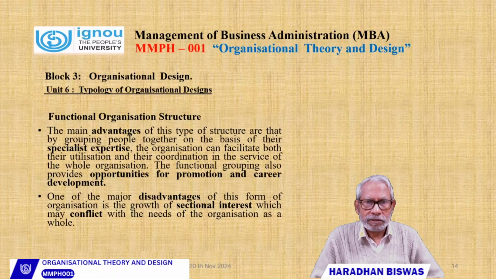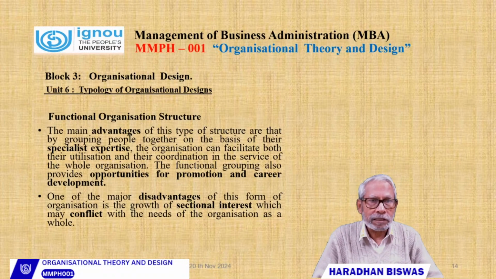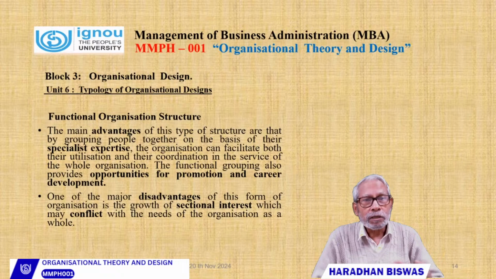So organizations can facilitate both their utilization and coordination in the service of the whole organization. The functional grouping also provides opportunities for promotion and career development. So within the functional department, they should have some career programs also. After 3 years, a staff member may be promoted to the next level. So a career development program should also be there.